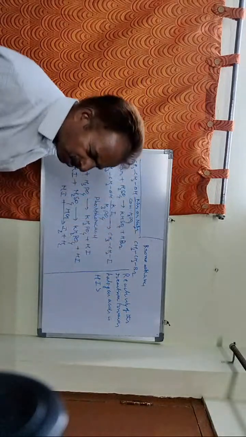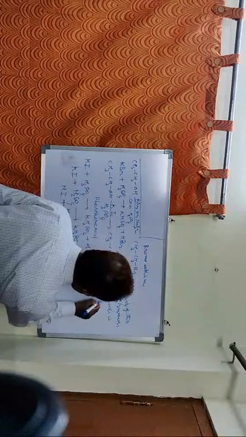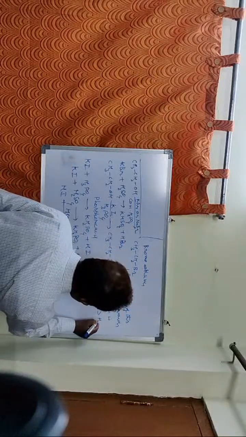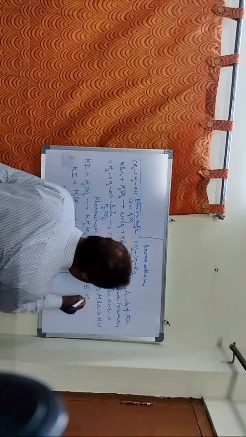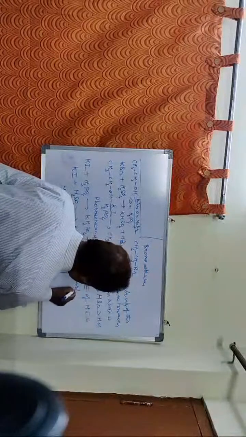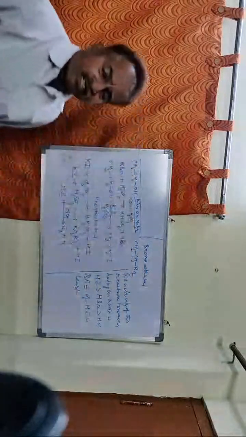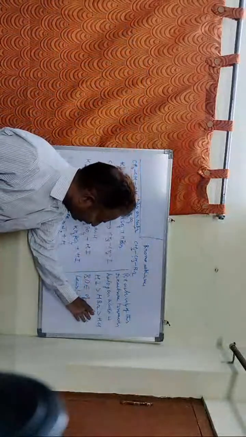That means when we use hydrogen iodide, the reaction goes faster. Why is it so? The bond dissociation energy, BDE, of HI is least. As BDE is least, the reaction goes faster. Therefore, HI is greater than HBr, which is greater than HCl.